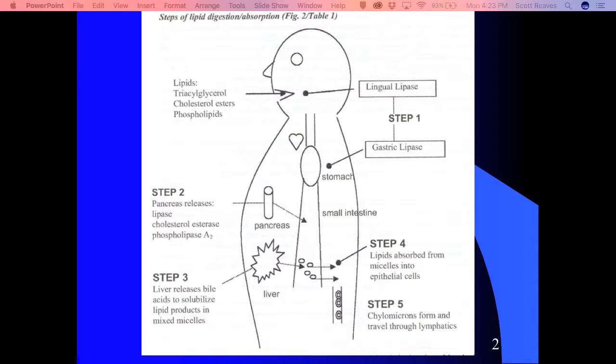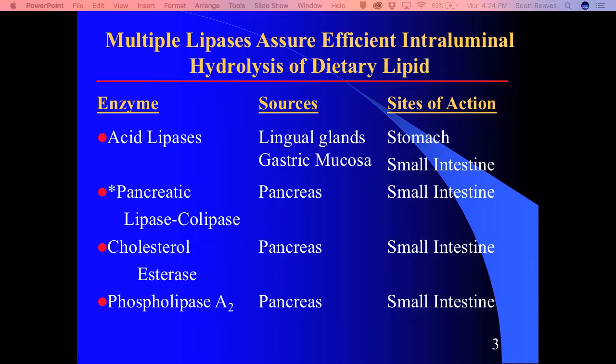Okay, so let's look at these because I think we've covered enough to go into this table. So this is a really basic table. It says multiple lipases assure efficient intraluminal hydrolysis of dietary lipids. When we talked about the digestive system, I said the pancreas is the most important tissue or organ for lipid digestion.